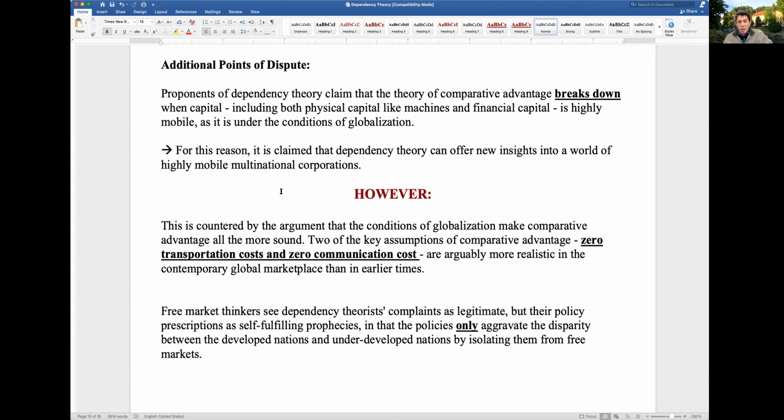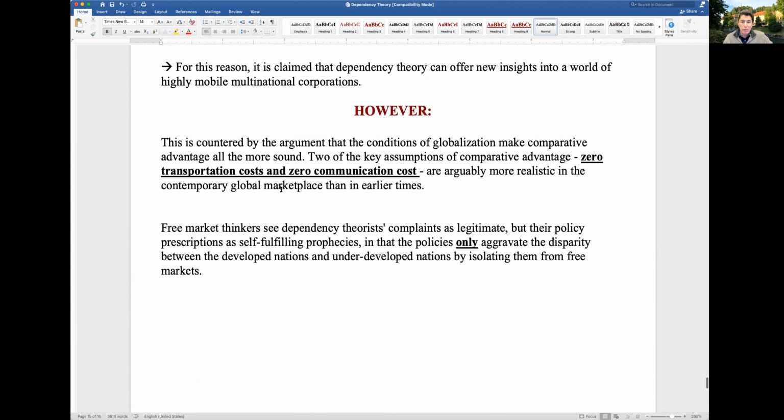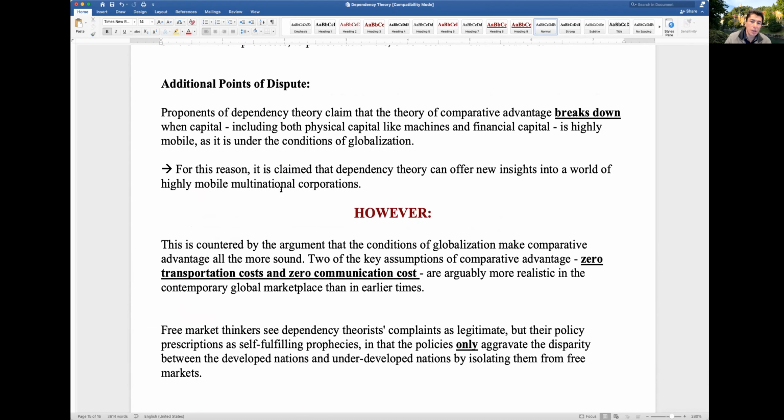Here are additional points of dispute. So essentially, what this section is about is this. Dependency theory claims that this principle of comparative advantage breaks down because capital is highly mobile, especially during the times of globalization.